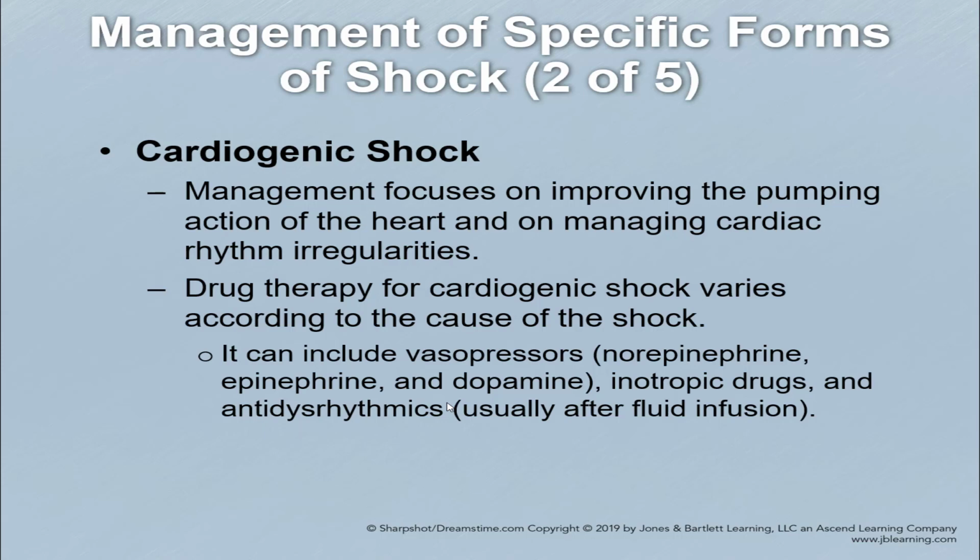It really has no pressor effect to it. All it does is stimulate the beta 1 aspect of the heart, and it increases the contractility of the heart. So anyway, your vasopressors, so your epi, norepi, dopamine, your inotropic drugs such as your dobutamine, Milrinone, and stuff like that.